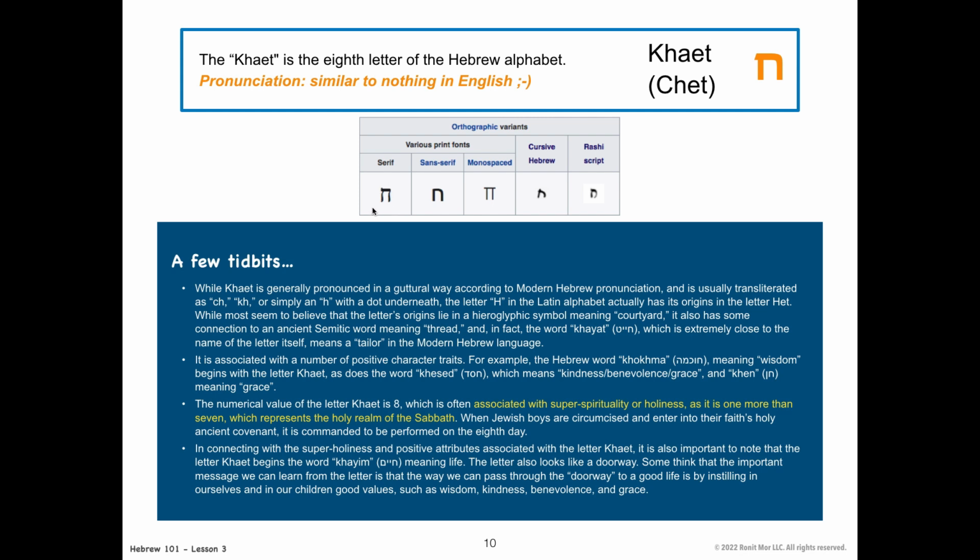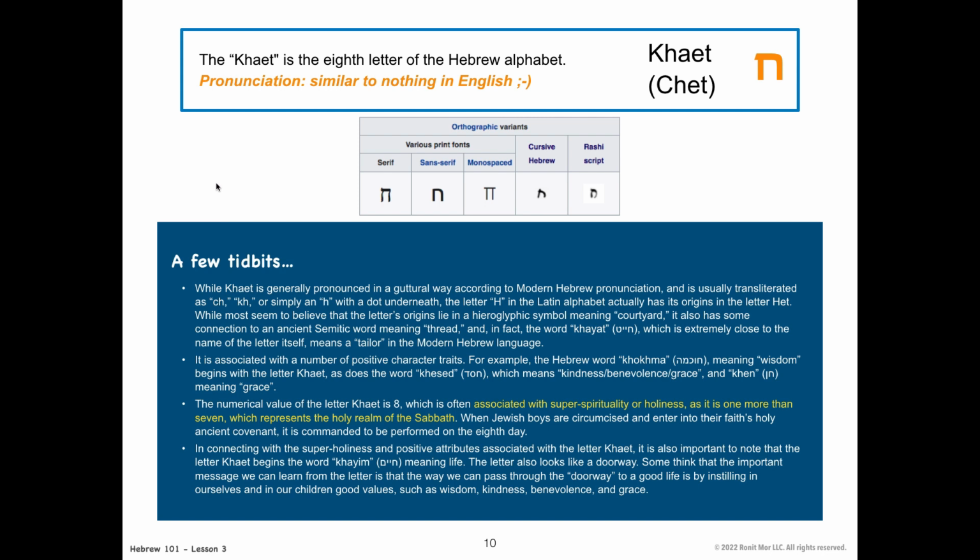And then you can see how it's going to look like in the Bible when you have a printed Bible with a serif, and then sans serif is how we write it in modern Hebrew, and then the cursive Hebrew, very similar to the block print. Okay, so a few tidbits.